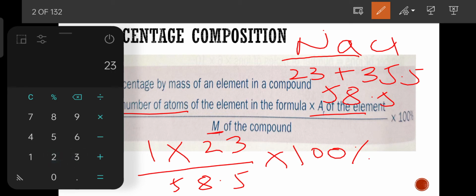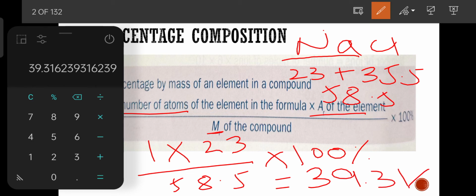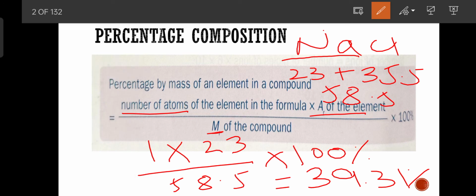Now divide 23 by 58.5 and multiply it by 100, and you will get the percentage: 39.31%.